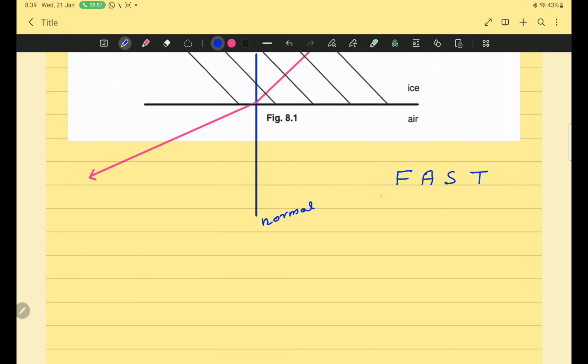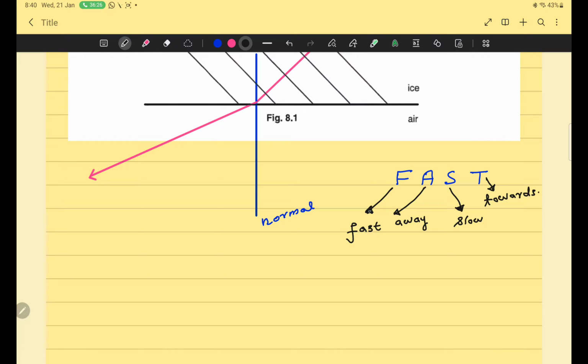So listen carefully. If you write fast: the medium where light speed is faster, then the light bends away from the normal. And the medium in which the light slows down, then the light ray bends towards the normal.